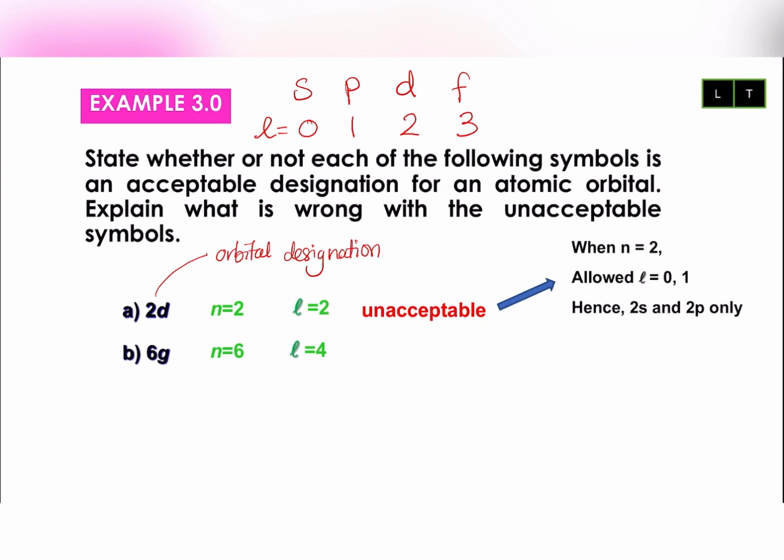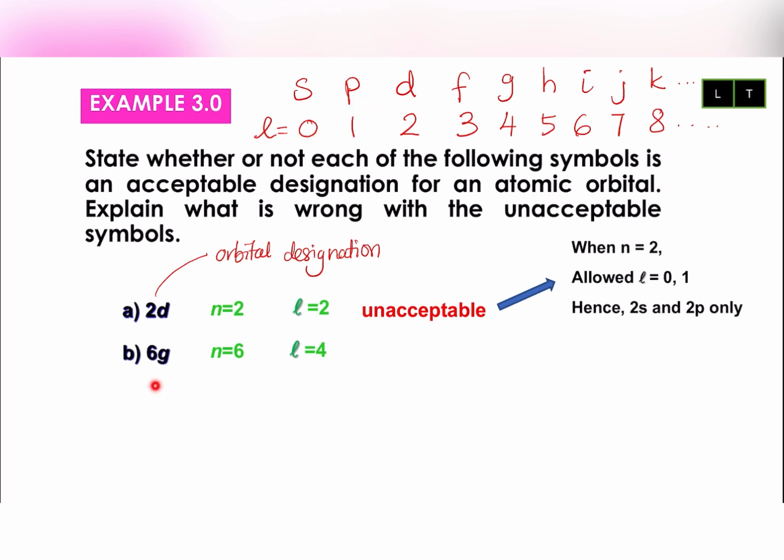However, after f, when you follow the alphabetical order, it will be g, h, i, j, k, and so on. So the value increases: 4, 5, 6, 7, 8, and so on. That is how you determine the l value based on a specific orbital.